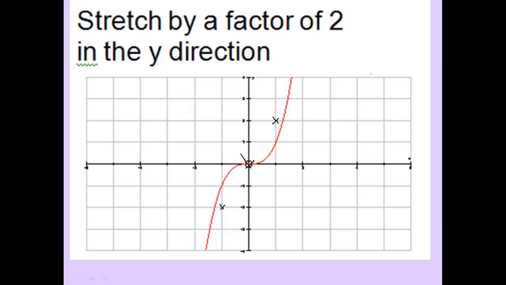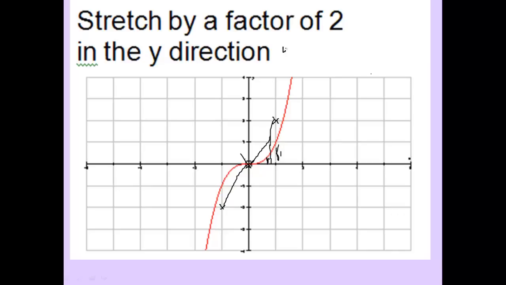So we end up with a curve where all of these distances are double the distance for the original. So here we see we had a distance there of 1, and we now have that distance of 2. What does this mean in terms of the whole function?